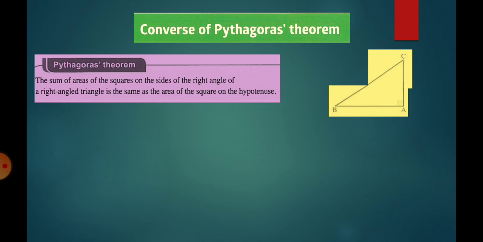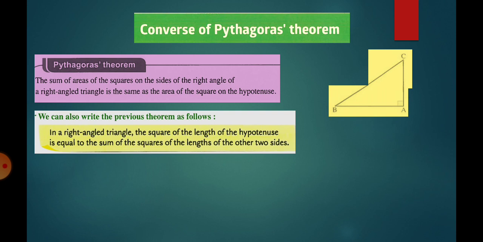The Pythagoras theorem: the sum of the areas of the squares on the sides of the right-angled triangle, it means the area of a square drawn on AC plus the area of a square drawn on AB equals the area of the square drawn on BC.